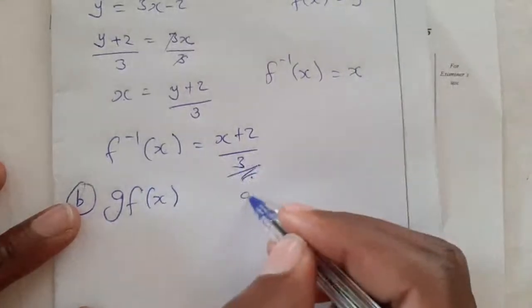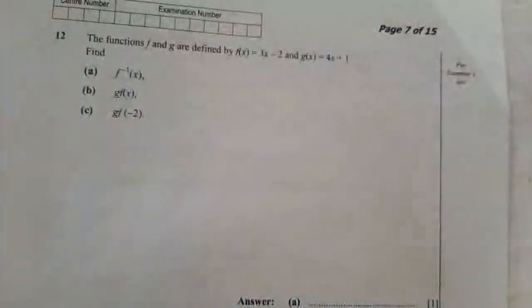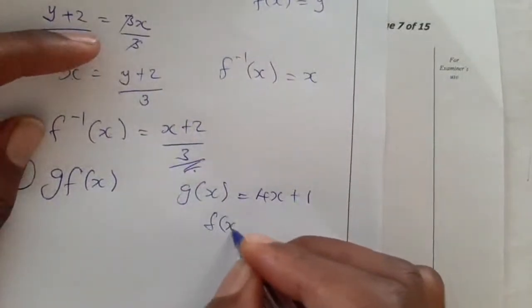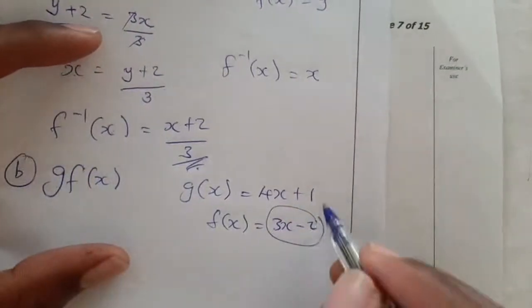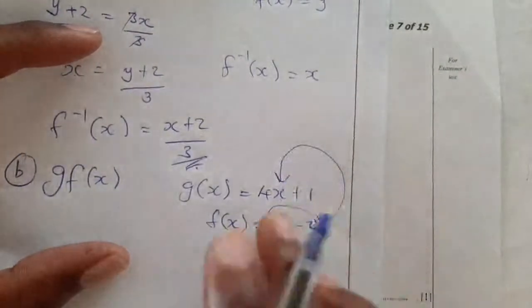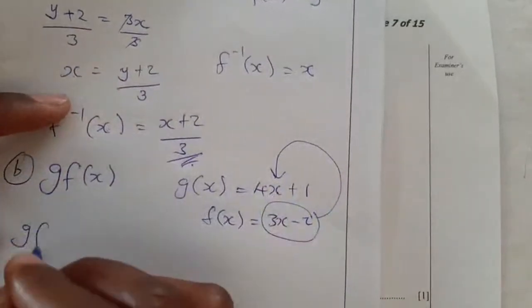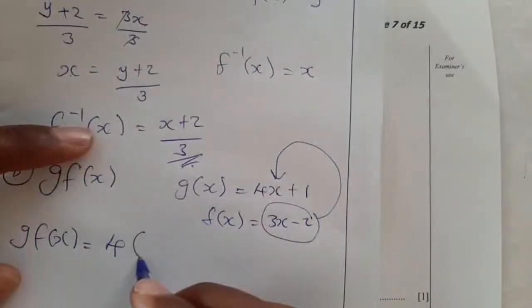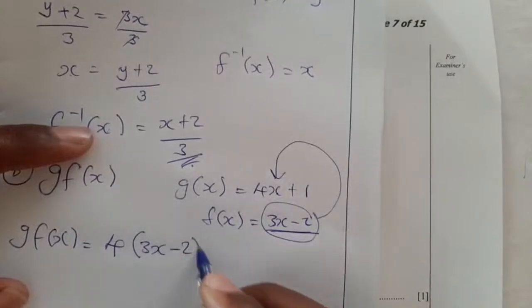The g function is given as 4x plus 1. The f function is given as 3x minus 2. So this function has to be inserted into g, where there is x. So gf of x equals 4 open bracket, 3x minus 2 close bracket, plus 1.